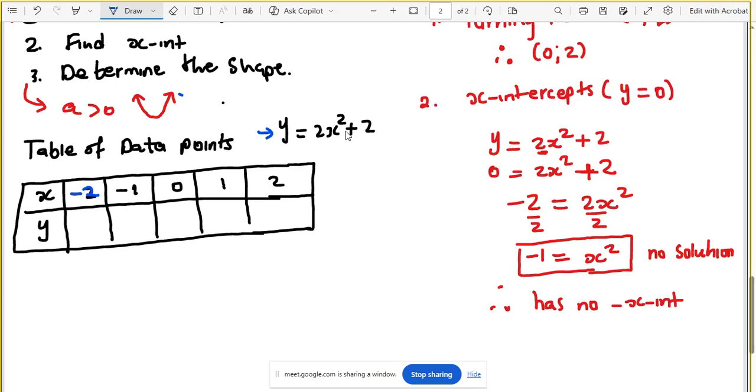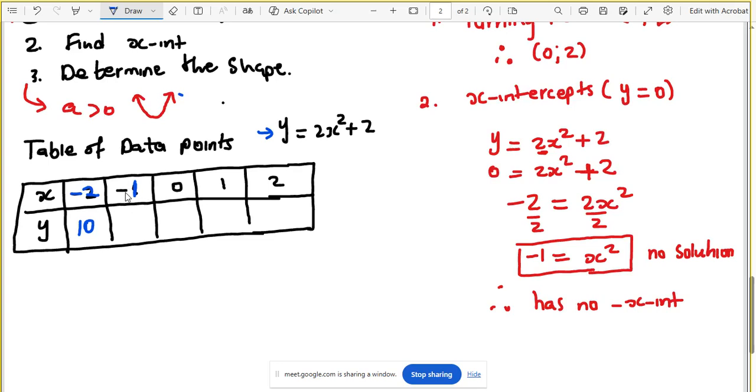What is the answer? Do you know how to do the substitution? It's 10. Okay, so you're good now?